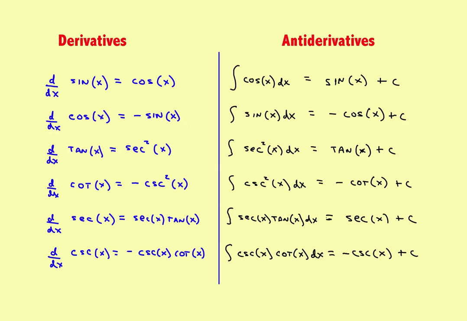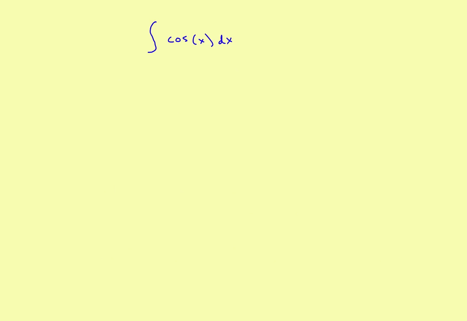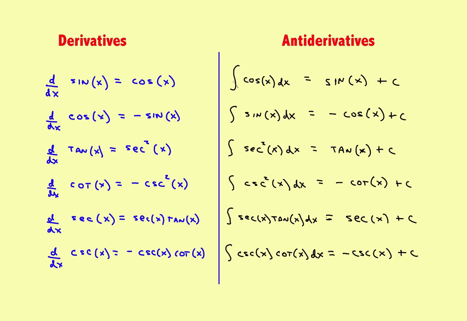So first of all, let's look at a problem where you do not have to use U-substitution. The question sometimes comes up, how do you know whether you need to use it or not? So let's look at this problem. If you have the antiderivative of the cosine of x, as long as it's just a simple x, you do not need to use U-substitution. So go back to your definitions. Here, the antiderivative of the cosine of x is the sine of x plus c.